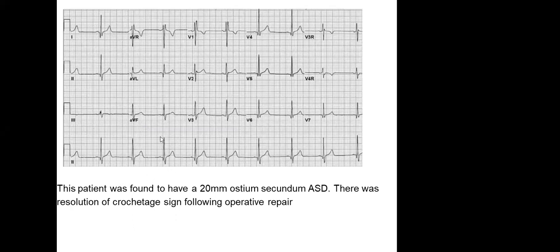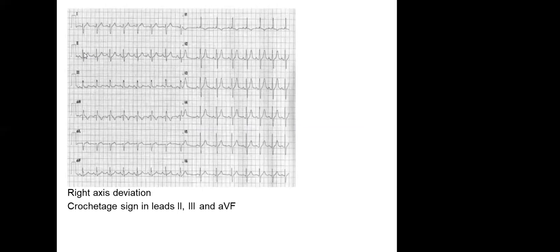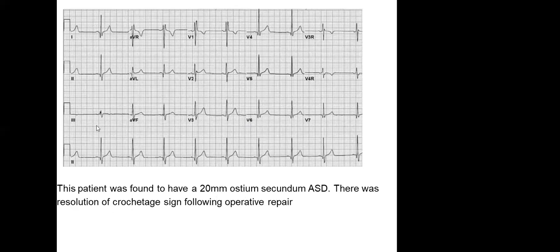In the previous ECG, we noticed the crochet sign in lead 2, lead 3, and aVF. After surgery, there is resolution of the crochet sign in lead 2. There is still presence in lead 3. In aVF, there is marked improvement and reversal of the crochet sign after complete repair.